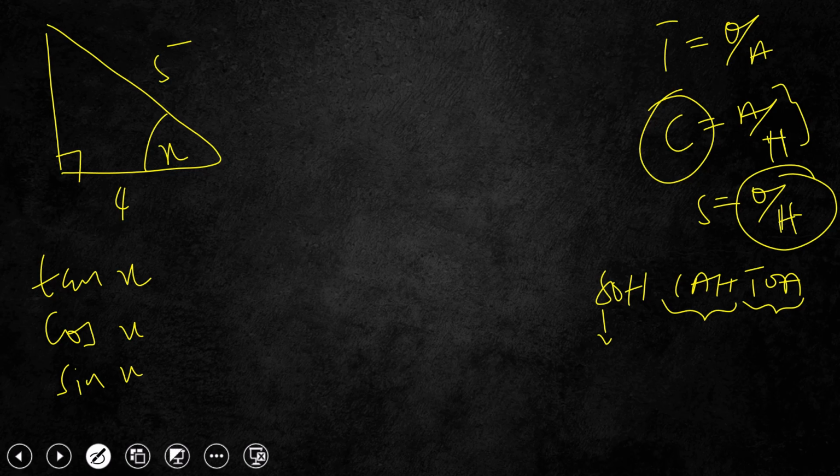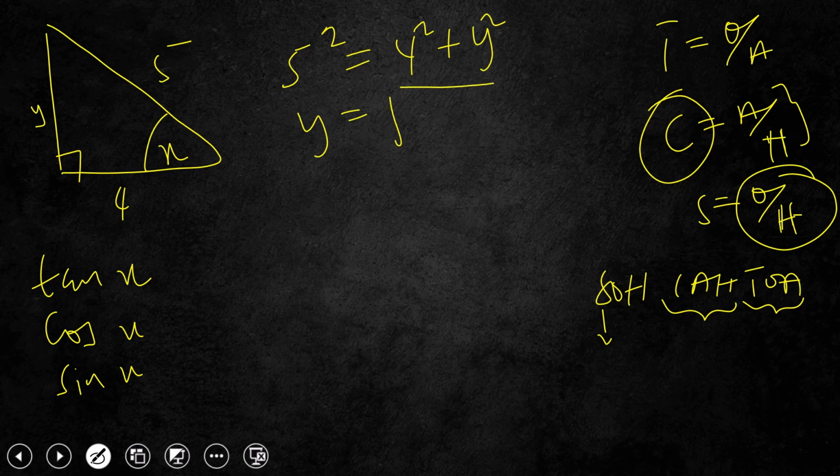Now from the Pythagoras theorem, 5 squared is equal to 4 squared plus, I can call this side y, so plus y squared. Then I solve for y, and I get y is equal to the square root of 25 minus 16.